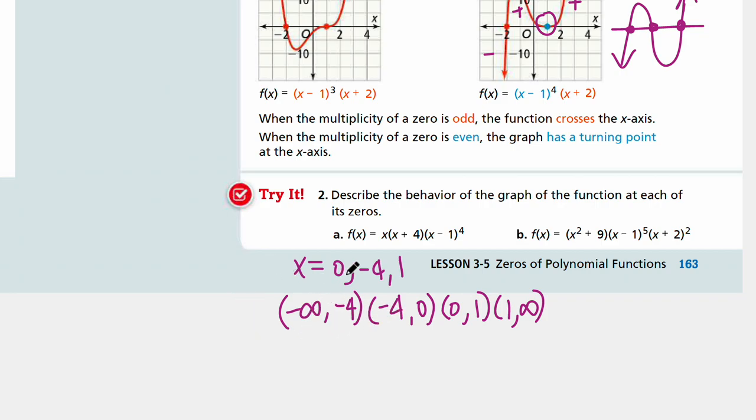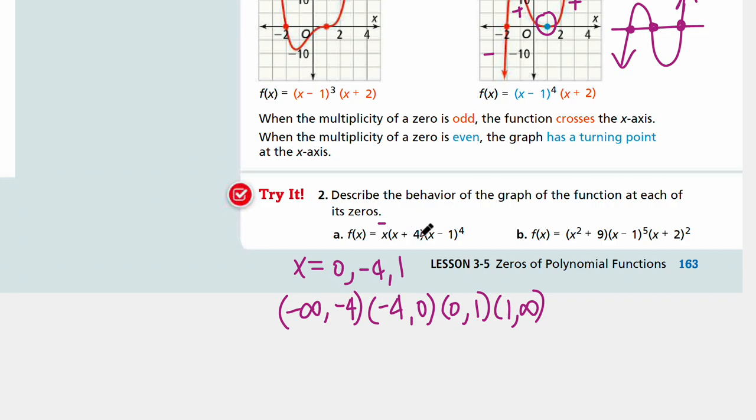Anything less than -4 would tell us whether it's positive or negative on that side. So plug in -4 here, that's 0. Plug in something that's less than -4, so maybe -5.